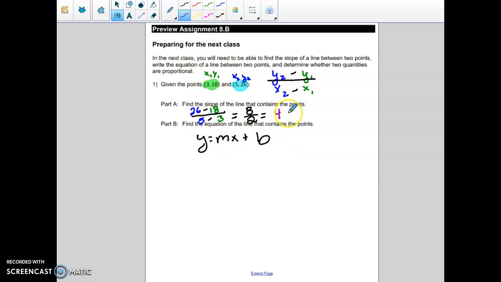Remember, we actually already know our m, because m is the movement of the line, and that we found in part A to be 4. So if we move down, instead of y equals mx plus b, we can say y equals 4x plus b.